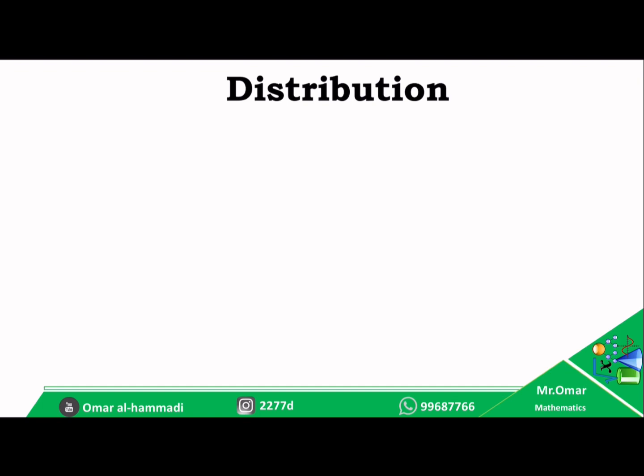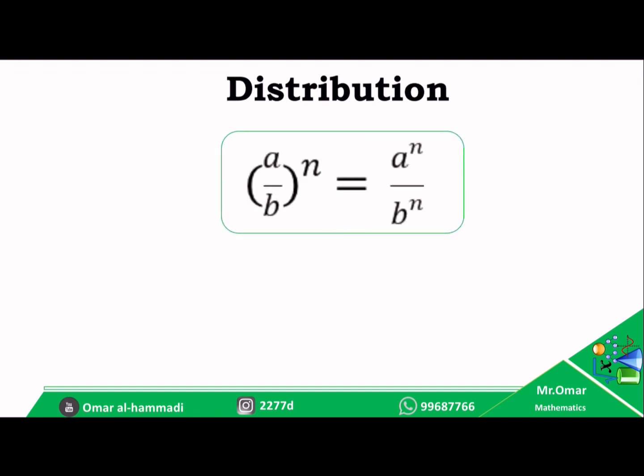Distribution. How can we do the distribution in the power? The easy one. For example, we have a divided by b, all of this to the power n. So we distribute the power n to a and b. When we have powers this way, we distribute to a and b together.